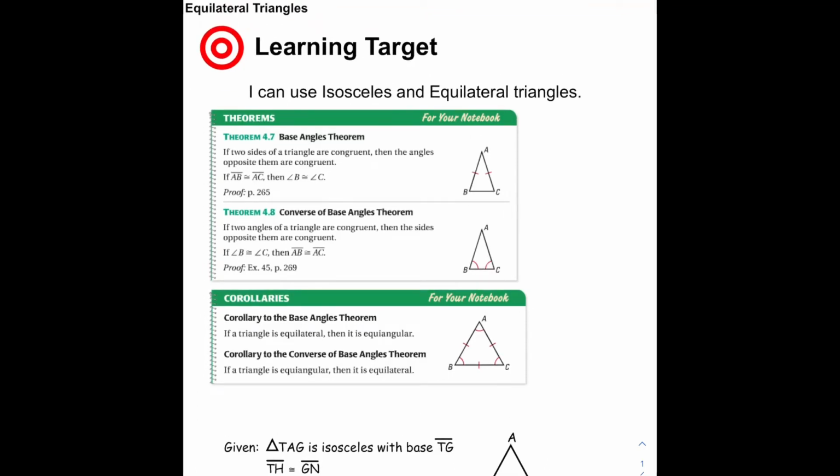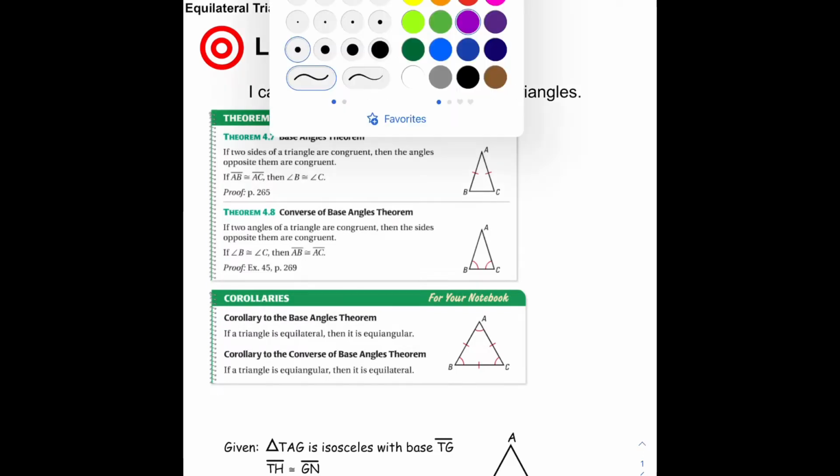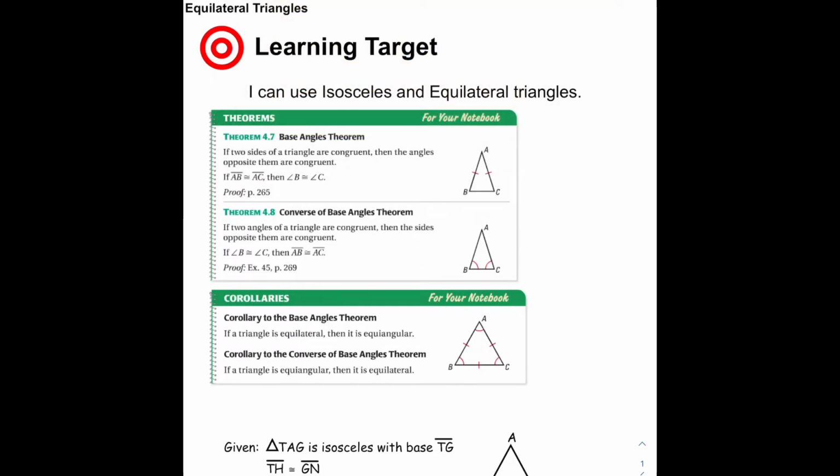Okay, here we go. Kind of last lesson in this unit. Just adding on to stuff that we kind of already know, but then again defining it. We have something called the base angles theorem, which says that if two sides of a triangle are congruent, basically it's an isosceles triangle, well, then we know that the angles opposite them are also going to be congruent.